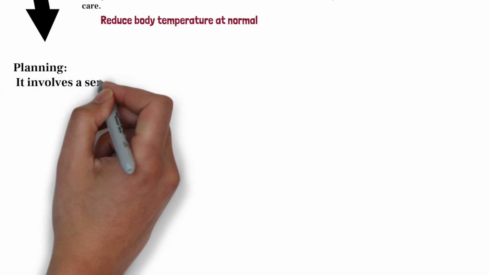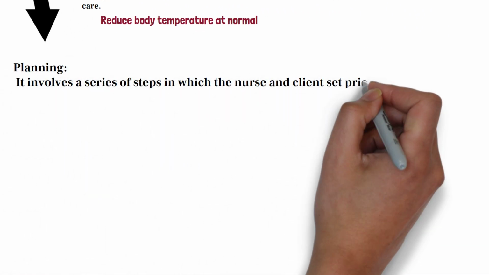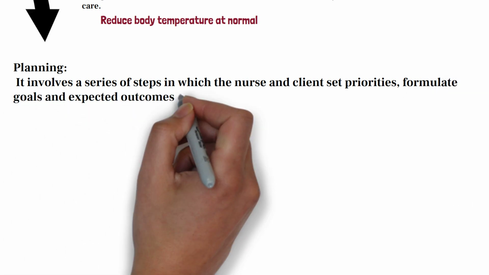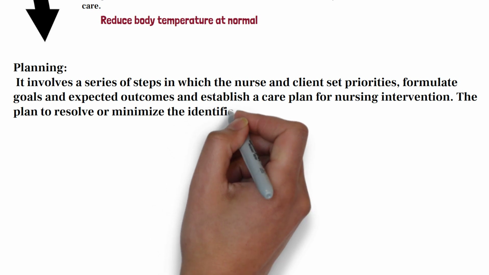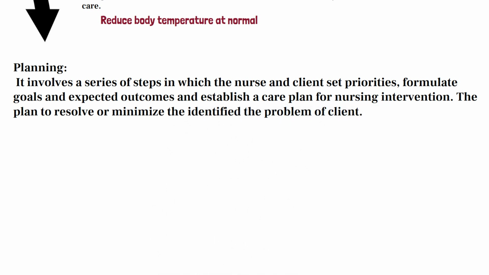Next step is planning. So it involves a series of steps in which the nurse and the clients set priorities, formulate goals and expected outcomes, and establish a care plan for nursing intervention. So the plan is to resolve or minimize the identified problem of the client.